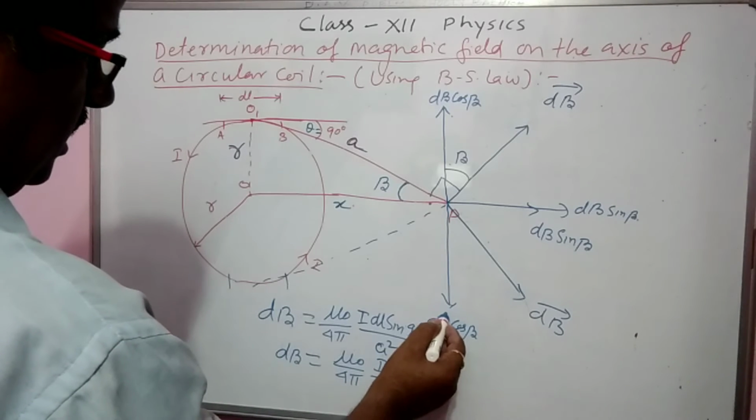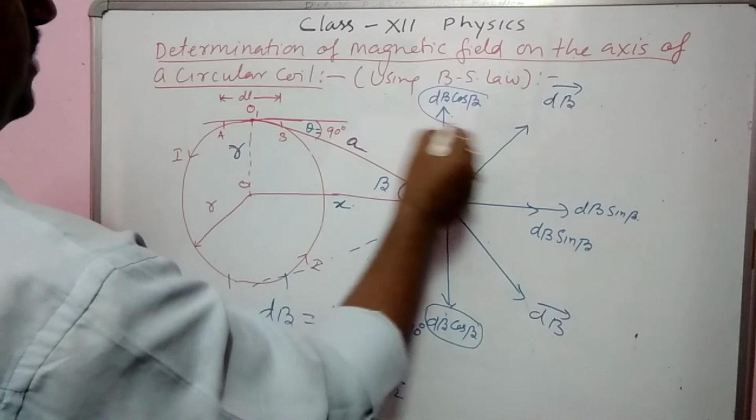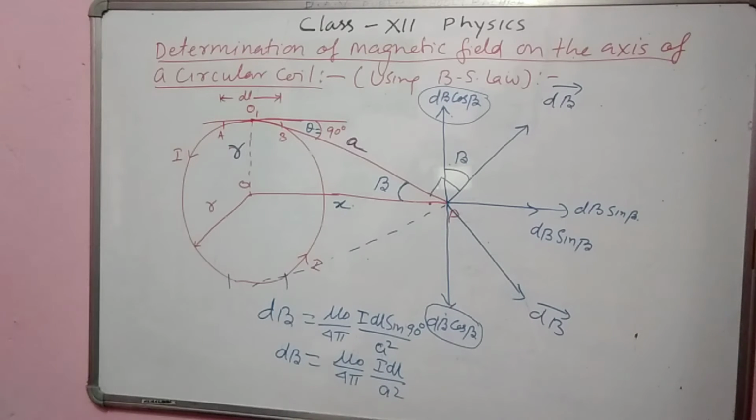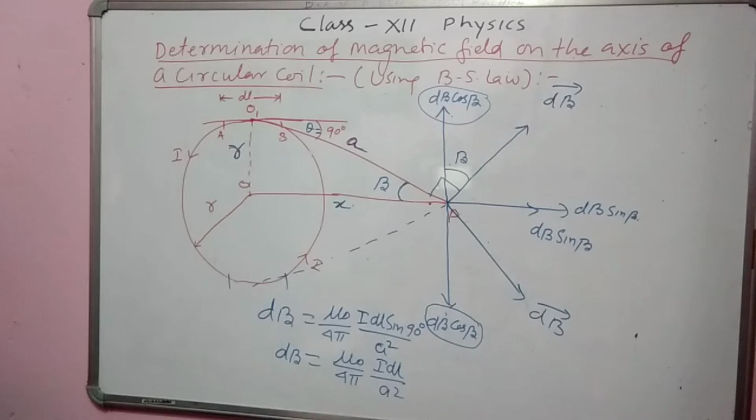Therefore, dB cos beta components are equal and opposite, so they will get cancelled out. We know that dB will be in different directions due to the different current elements.